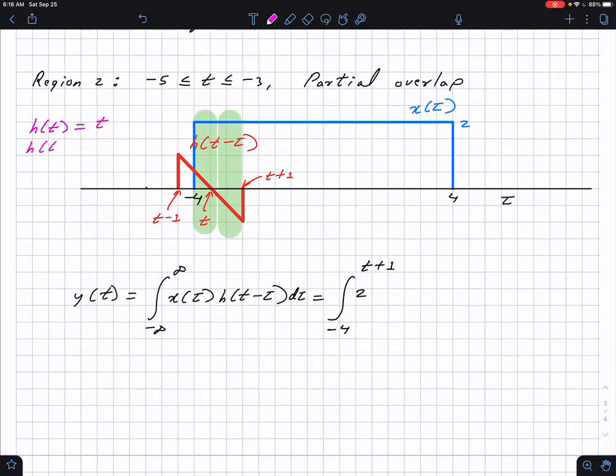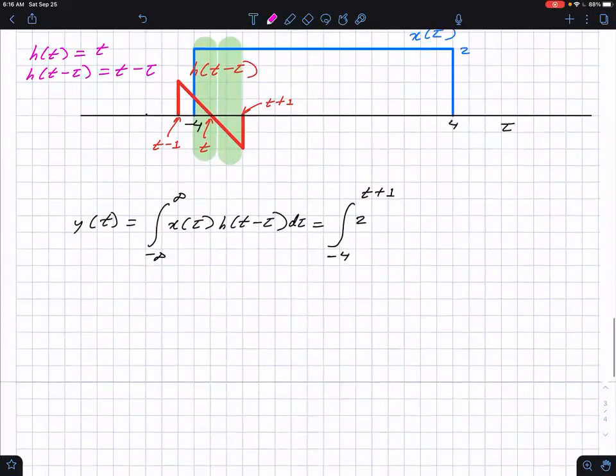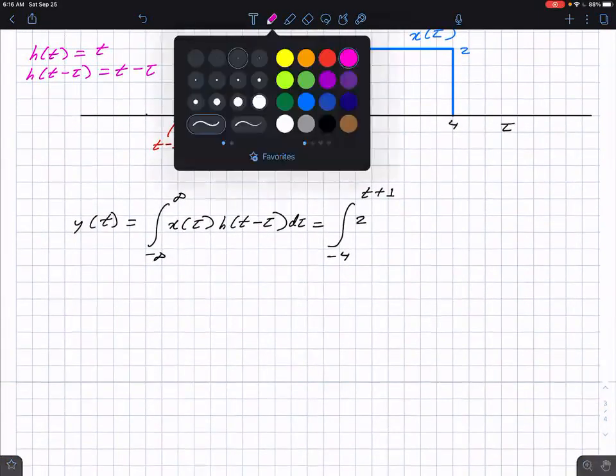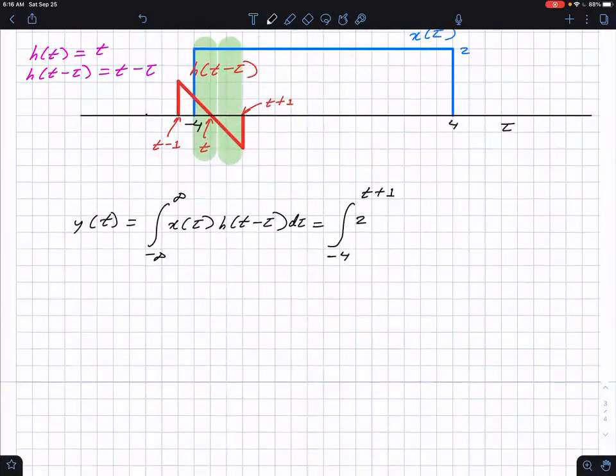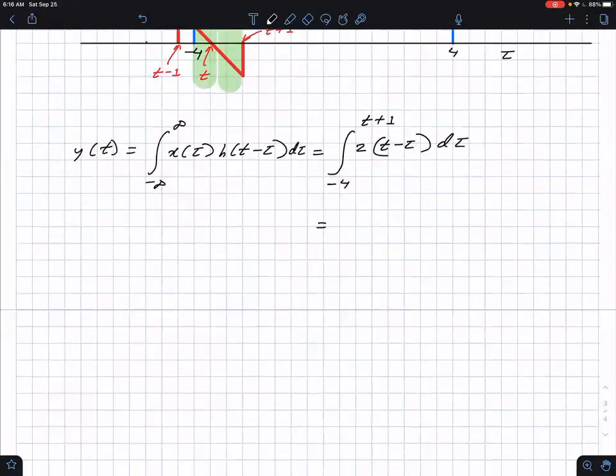Now we need an expression for h of t minus tau. It is going to be t minus tau. So we replace all t's by t minus tau to get h of t minus tau. So t minus tau d tau. Now we integrate with respect to tau.